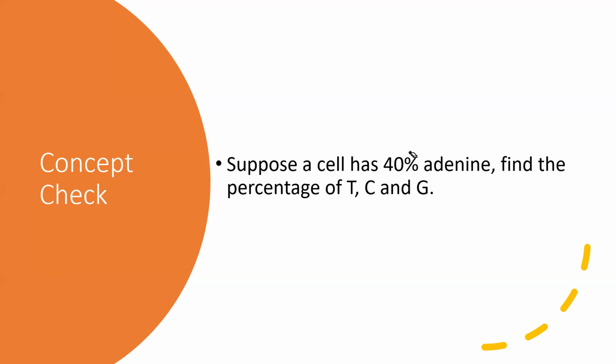Suppose the cell has 40% adenine. Okay, 40% A. Find the percentage of everything else. I forgot to mention in this question, it's DNA. I mean, you kind of know because we are asking for thymine. So if you have 40% A, which of these will also be 40%? T, yeah, because A pairs with T. However many A's you have, you're going to have the same number of T's.